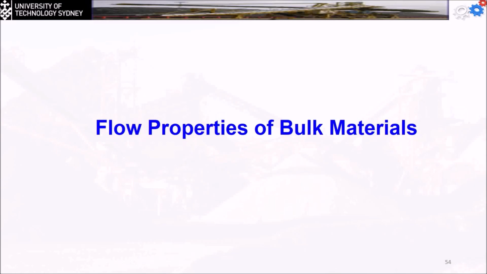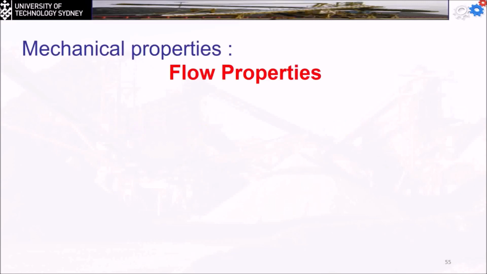We will see the types of flow properties we are going to have. The flow properties are a mechanical property used to compare and optimize the bulk material regarding flowability, and to design the bulk material handling equipment like the silo, the feeders, the flow promoting devices, and other bulk solid handling equipment.